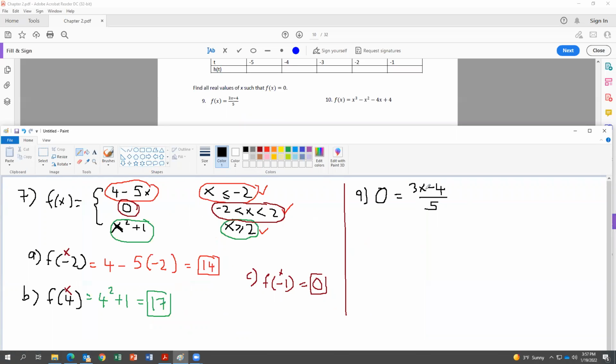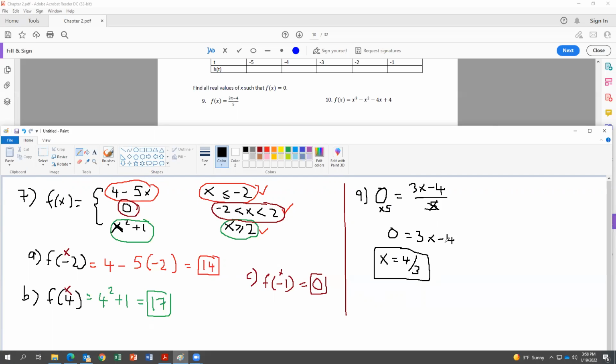The first thing we need to do is multiply by 5 on that side, because if you see any fractions like this, we can get rid of them by multiplying. We know that 0 times 5 is 0. So this is 0 equals 3x minus 4. And then we solve for x. We add 4 to both sides and then divide by 3. So x in this case will be 4 over 3.